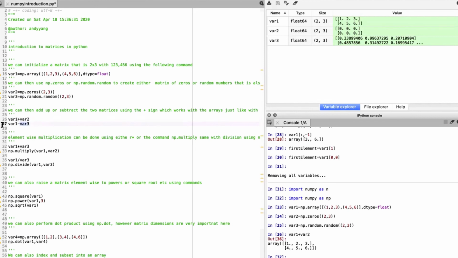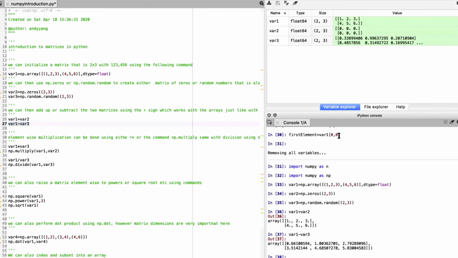But what happens if I do var1 minus var3? var3 isn't all zeros, so now we're not going to get the same numbers. We're instead going to get whatever var1 is minus whatever var3 is. So you can also do element-wise multiplication. Remember how we explained the dot product and matrix multiplication versus element-wise multiplication? If we just use the star in Python, that's element-wise multiplication.